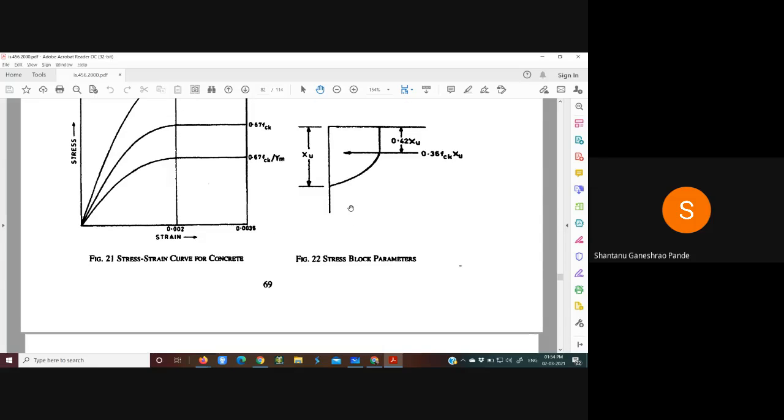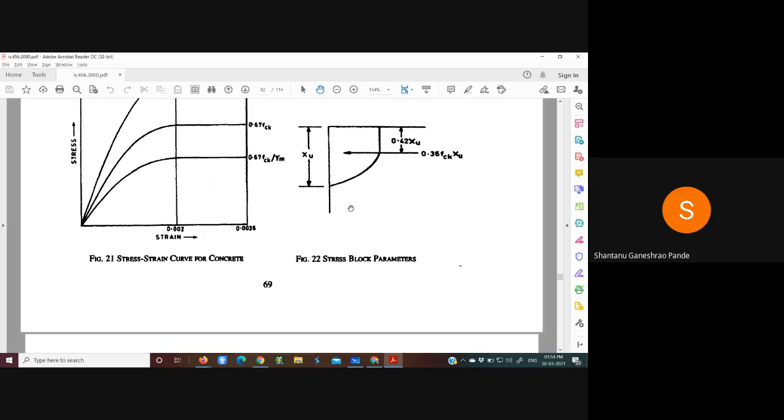So the stress block concept is there. That stress block parameters you need to calculate, and what exactly that stress block is, I will discuss now. Whatever stress diagram you have to go for, that stress block parameters need to be calculated before you enter into design. Unless and until you calculate stress block parameters, you won't be in a position to analyze or design any particular RC section.